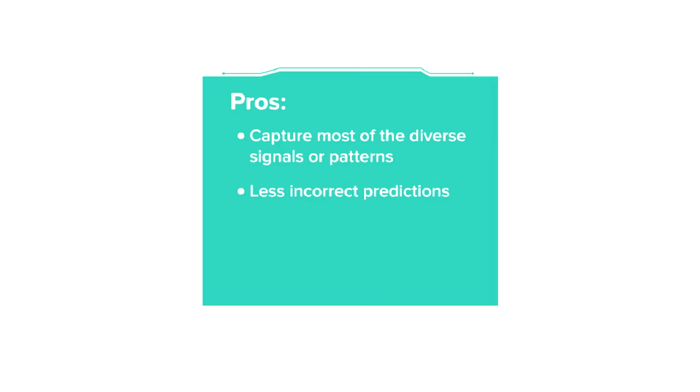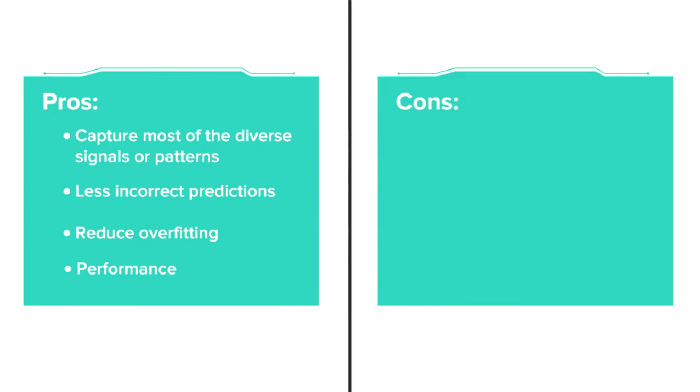As a result, their combination leads to fewer incorrect predictions. Next, as ensemble models consider the collective predictions of the diverse models, this reduces the overfitting effect of the individual models. Lastly, ensemble models have secured their place in data science competitions, considering they have proven their performance time and again.